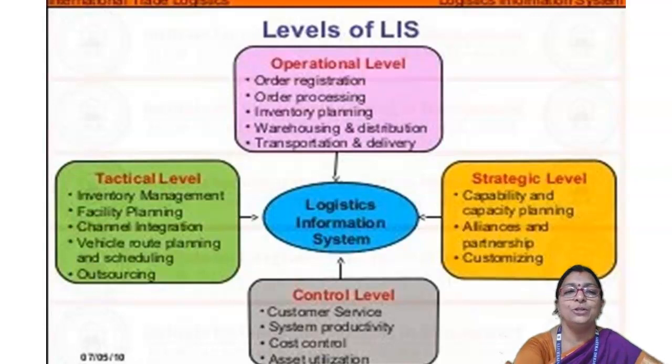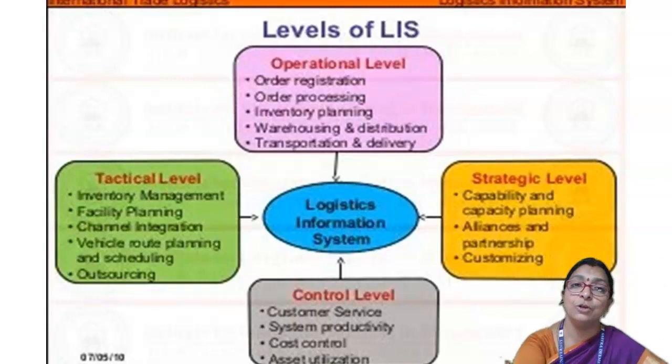So now we move on to the next decision point, the channel integration. Without close coordination between the channel members' requirements, the logistics program will have a higher probability of failure. Each channel member has different inventory requirements in terms of product variety, volumes, and frequency of replenishment.